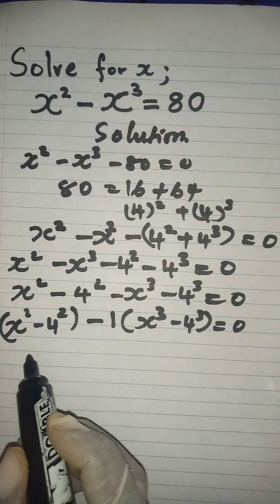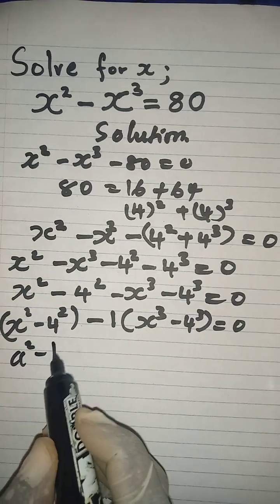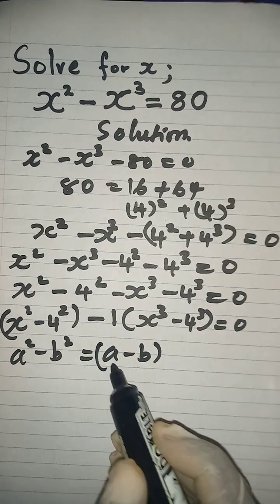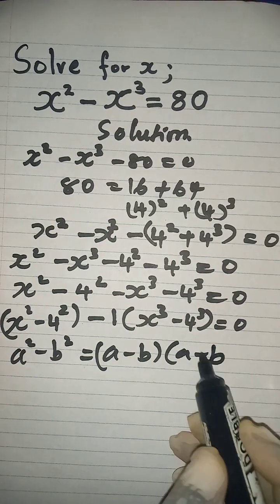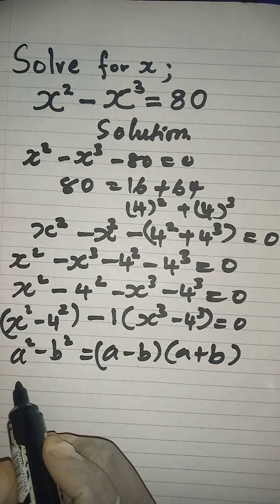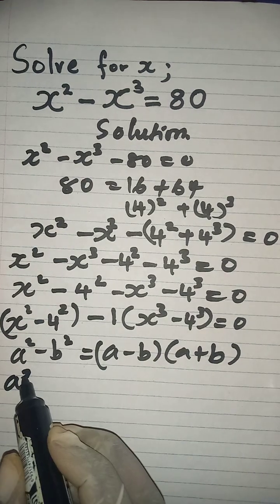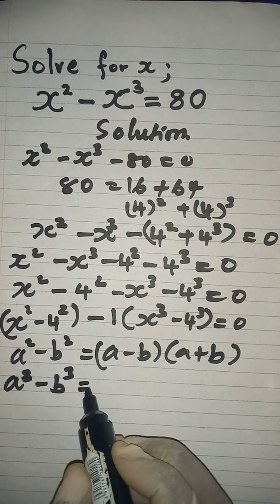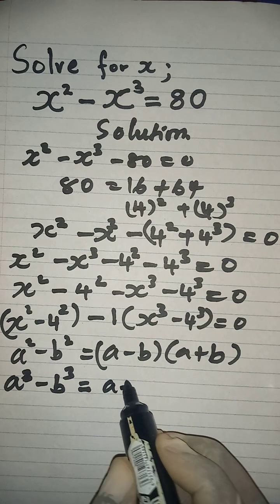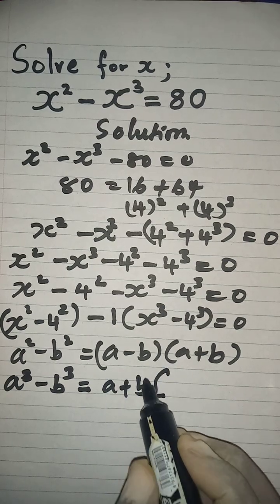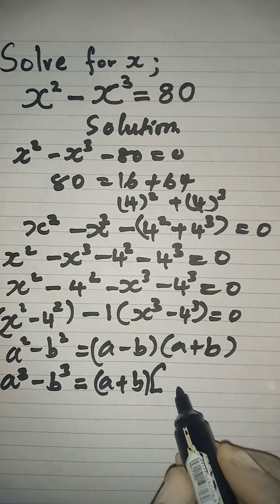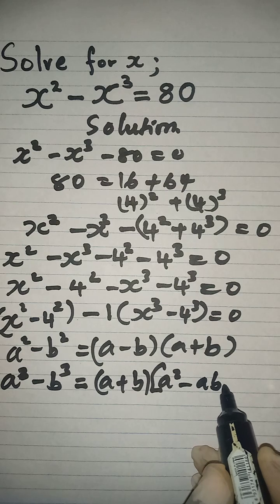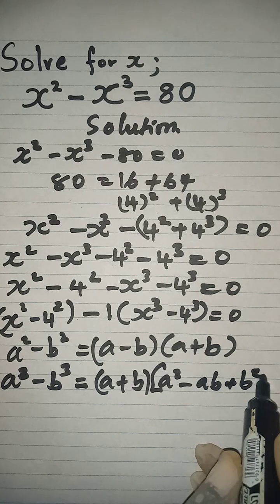So guys, recall that if I have a squared minus b squared, this can be written as a minus b times a plus b. And if you have a cubed minus b cubed, then this can simply be written as a minus b multiplied by a squared plus ab plus b squared.